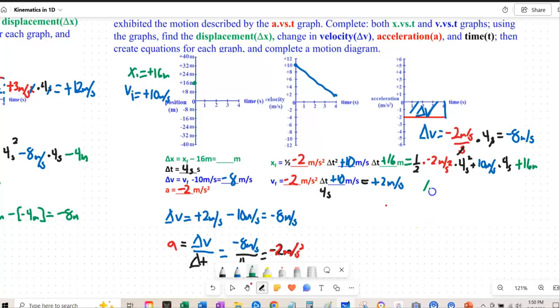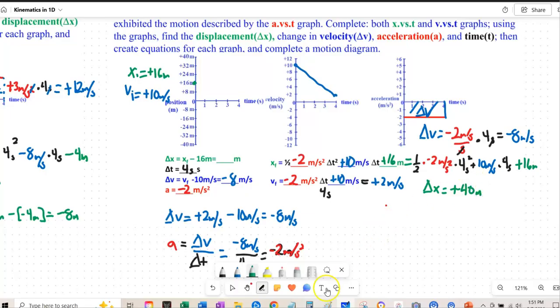So this delta x is going to be 16 times -2, so that'll be -16 plus 40, which will be 24. 24 plus 16 is going to be +40 meters.